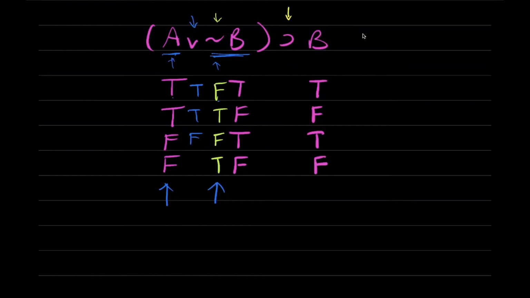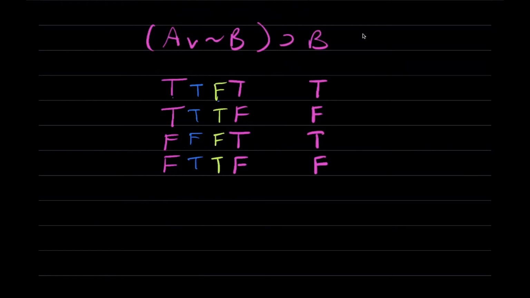A is false and not B is false. So we end up with a false statement. But in the last row, at least one of the two is true, not B is true. So we end up with a true disjunction. I'm going to do just a little bit of cleanup here, erasing these extraneous marks. There we go. And those and those and those.